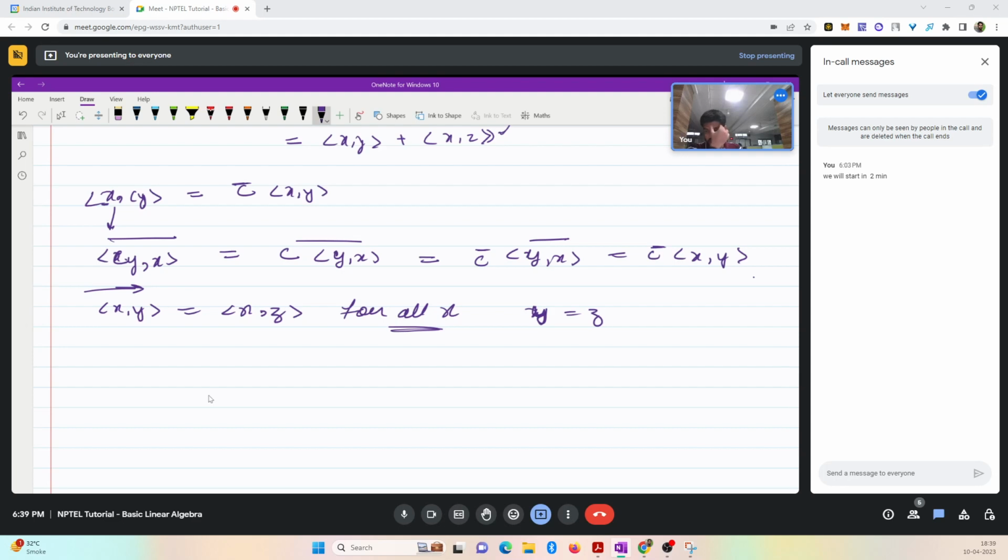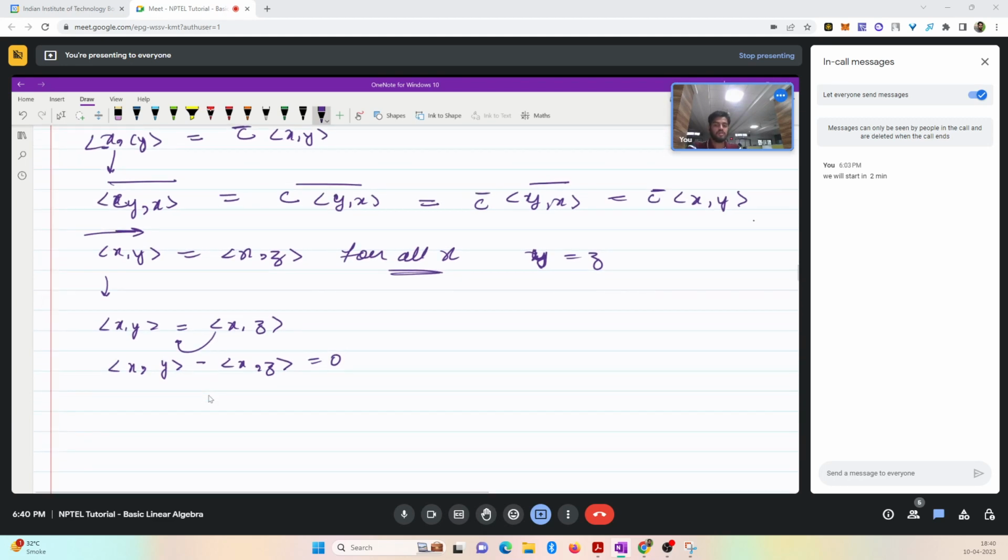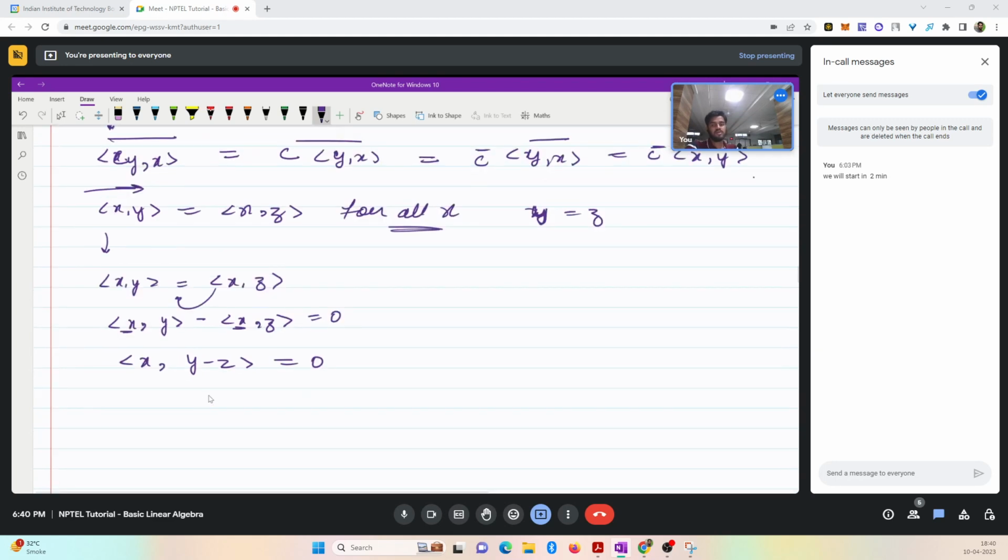Let's proceed this way. We know that <x, y> is equal to <x, z>. If we take this thing on the left hand side, what do we get? <x, y> minus <x, z>. This thing is 0. Okay. Now because the first component is matching, we can write it as <x, y minus z>. This is equal to 0. Right.